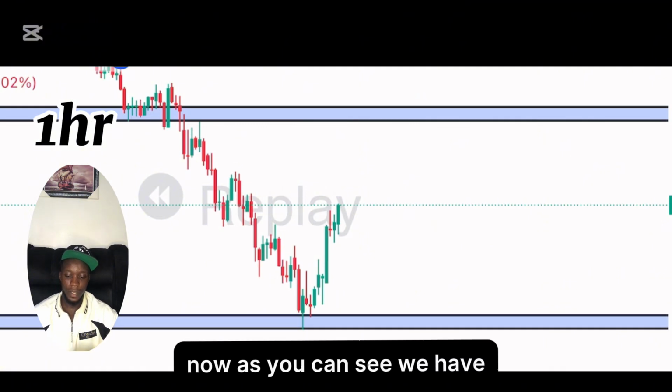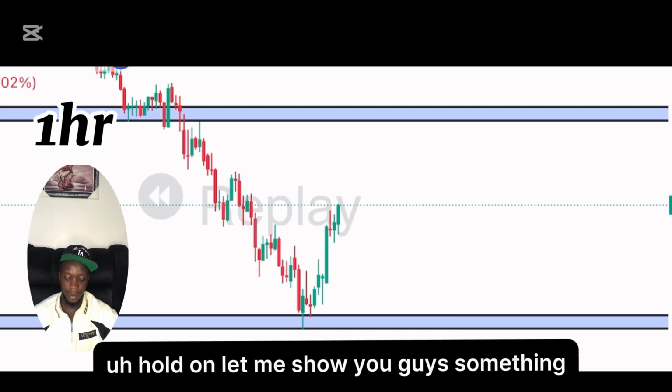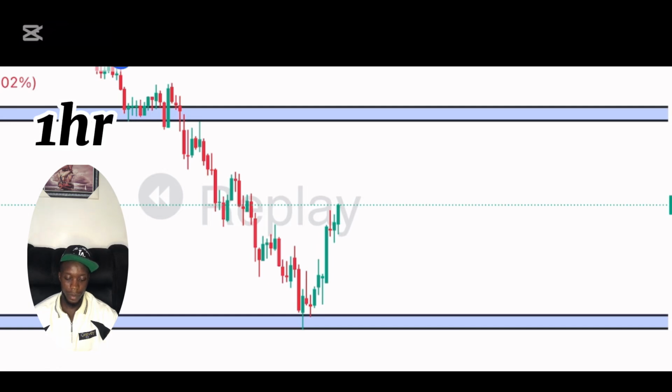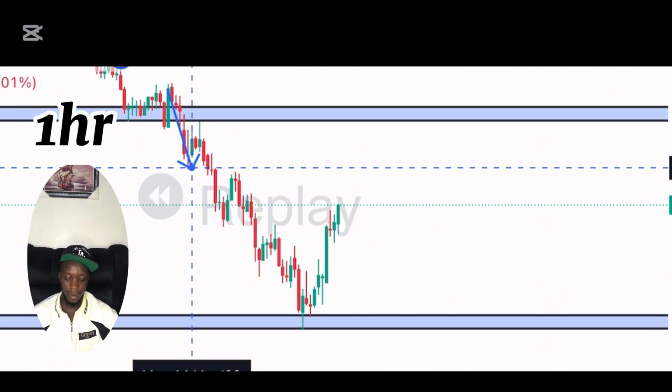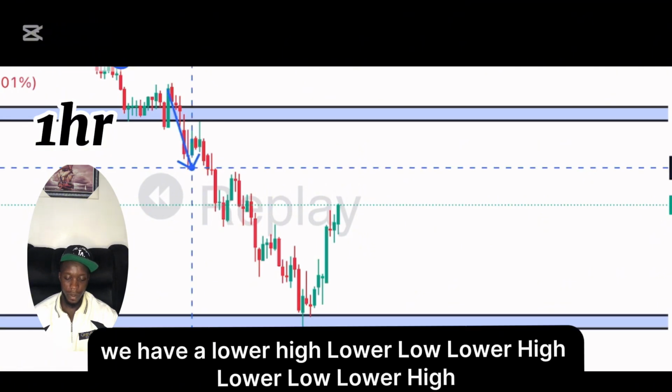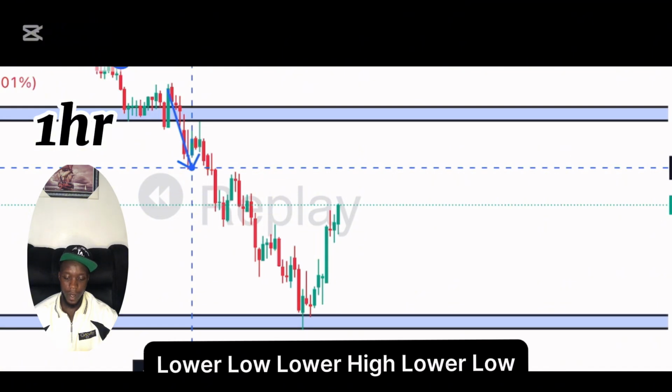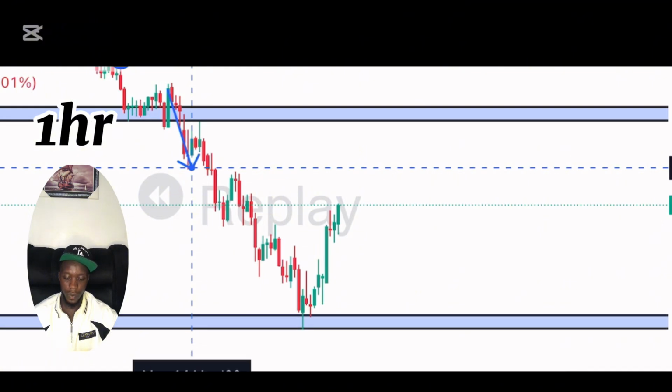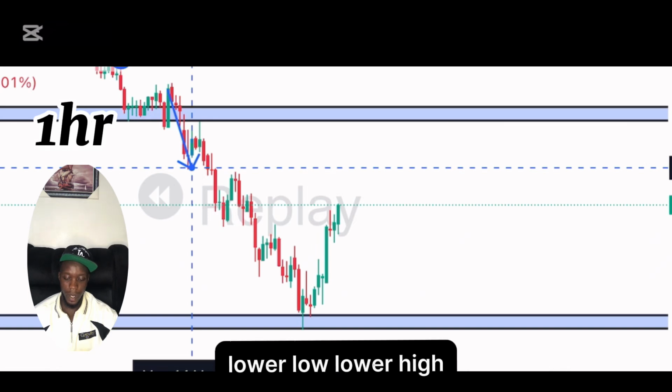Now as you can see, hold on, let me show you guys something. We have a lower high, lower low, lower high, lower low, lower high, lower low, lower high, lower low, lower high, lower low.